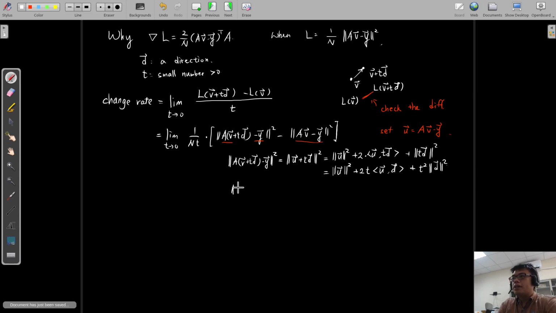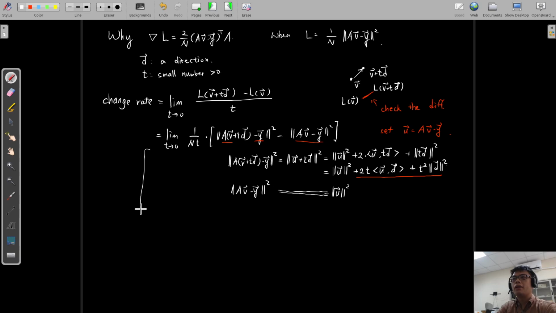The second one is easy, right? Av minus y squared is simply equal to u squared. So when you take the difference, only this part remains. And we are able to do the calculation further.